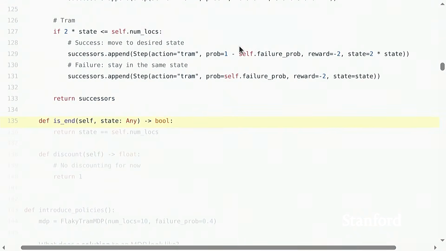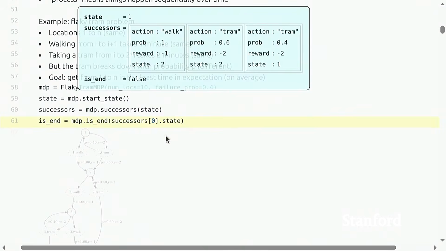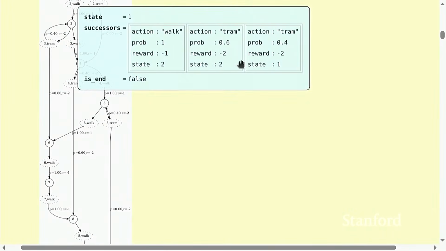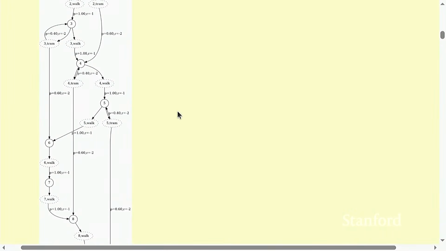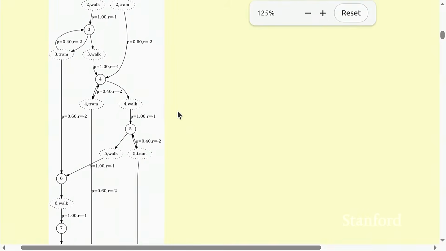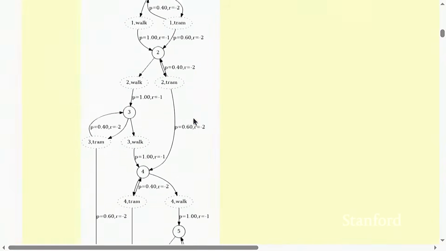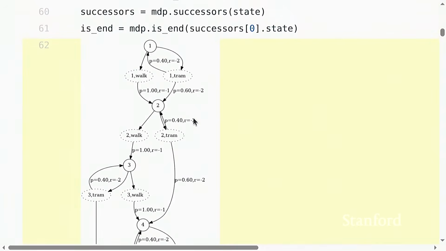This is the same as before. Just test whether the state is reaching n or not. Okay, so we can draw this out. Let me try to make this a little bit bigger momentarily. It gets a little bit confusing, but I'll try to explain it. So start state is 1.